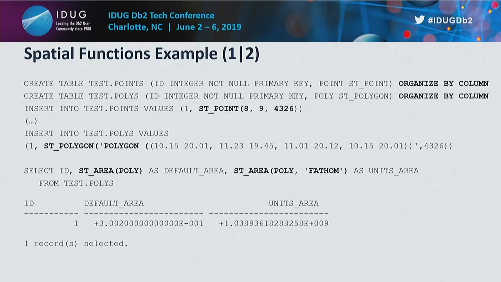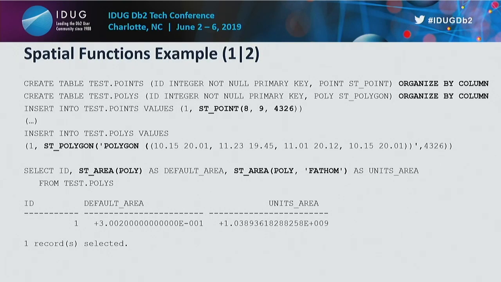The first thing is to create some tables that have some spatial data types. The first table has some point data based on the SD point type, and then we've got another table, polys, that's based on polygon shapes, and both of them are column organized, so they have to have the ORGANIZE BY COLUMN clause.